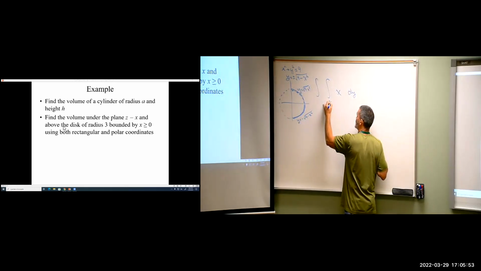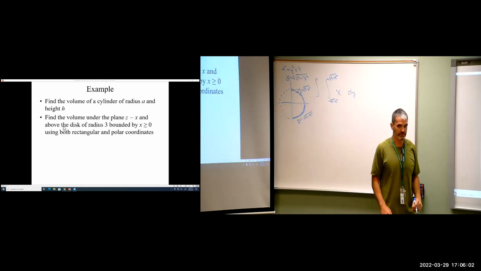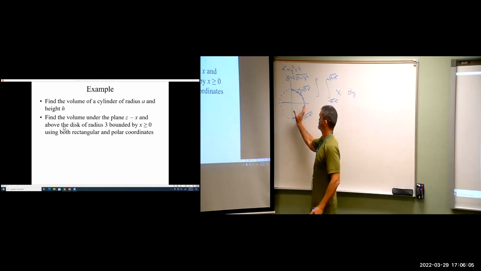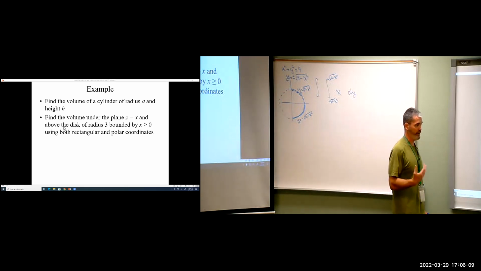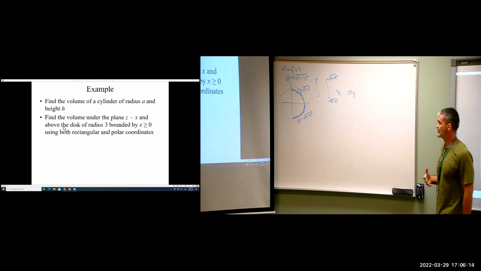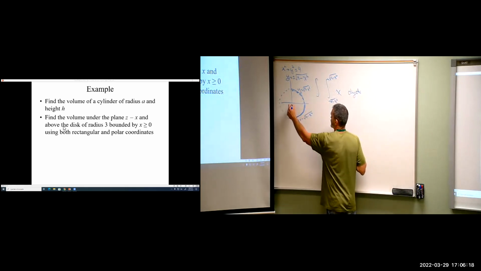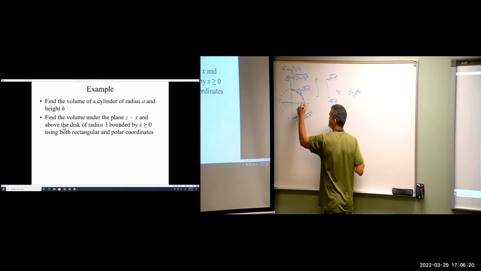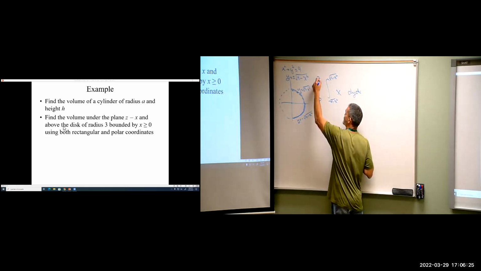So those are our limits: negative square root of 9 minus x squared up to square root of 9 minus x squared, because we're going from this curve to this curve. Inside limits can be in terms of one variable. The outside limits have to be constants. Now we're just going to integrate with respect to x, and we're going to go there, which is 0, 0. Very nice. Okay.